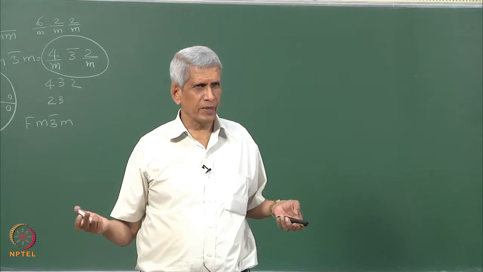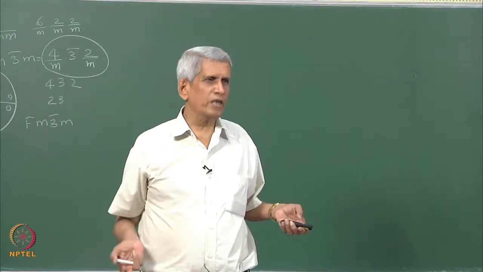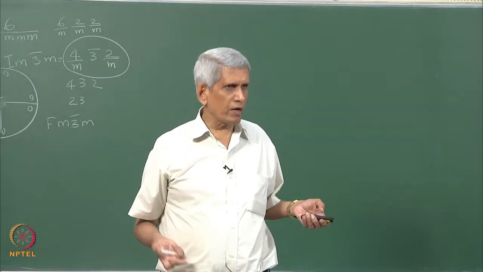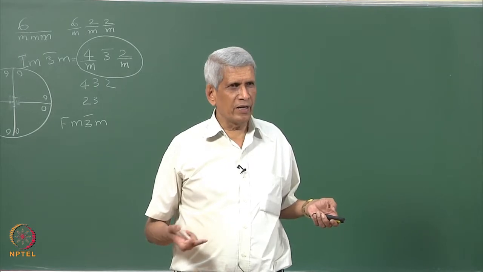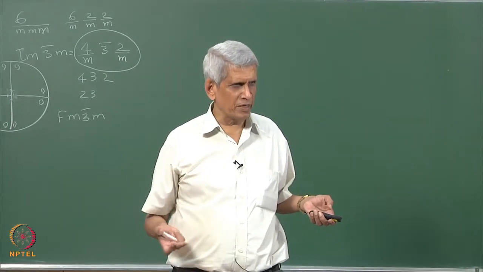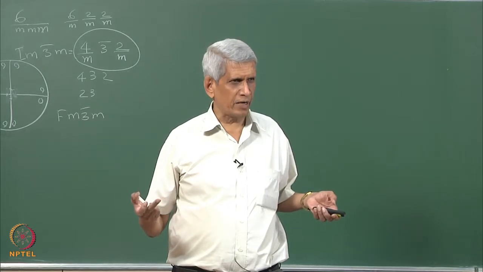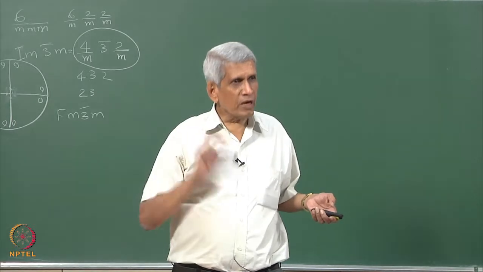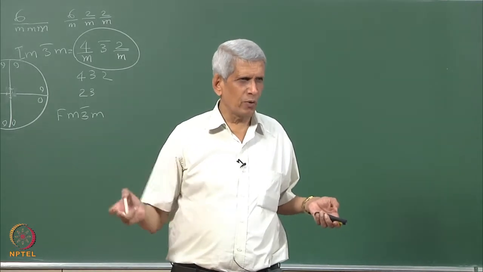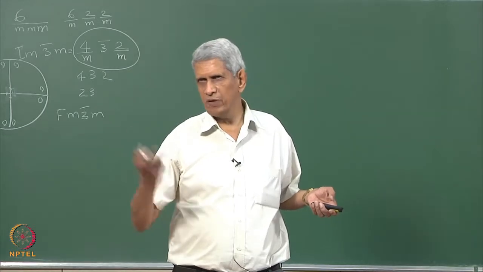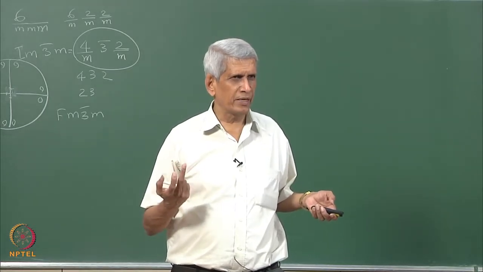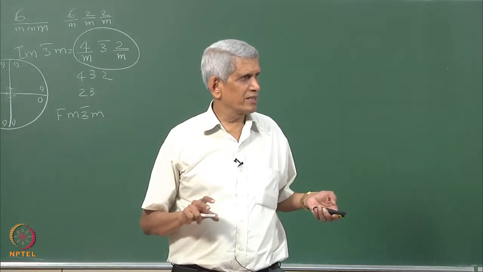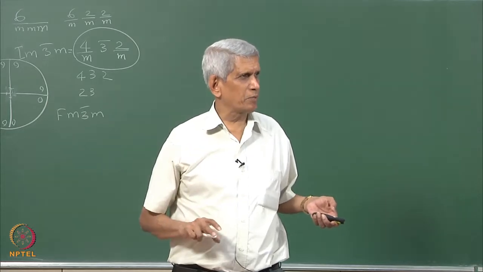If we take various combinations, the number of point group symmetry systems which we can consider is quite a lot, because of the combinations one can try. But many of them will turn out to be identical to one another, which I think in the last class when you worked it out, you could make out how it happens. Because of that only, we find that only 32 distinct point group symmetry elements are present.